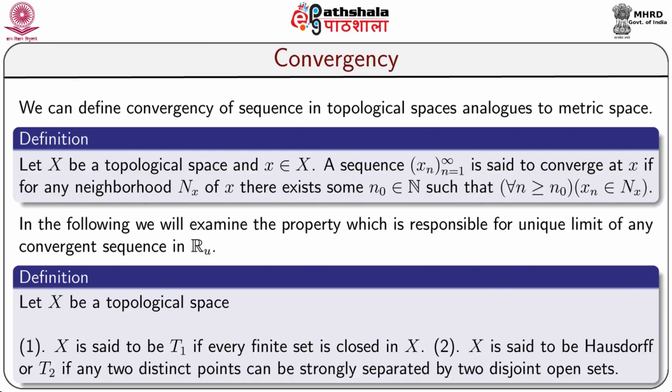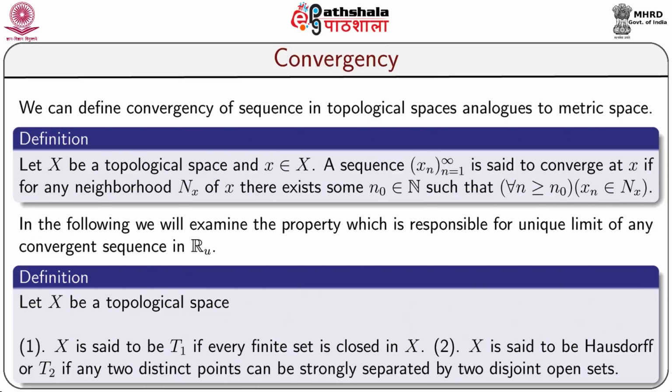We have seen in elementary real analysis that a sequence converges to only one limit point if at all it converges. Whether it also holds in an arbitrary topological space or not, we will examine.